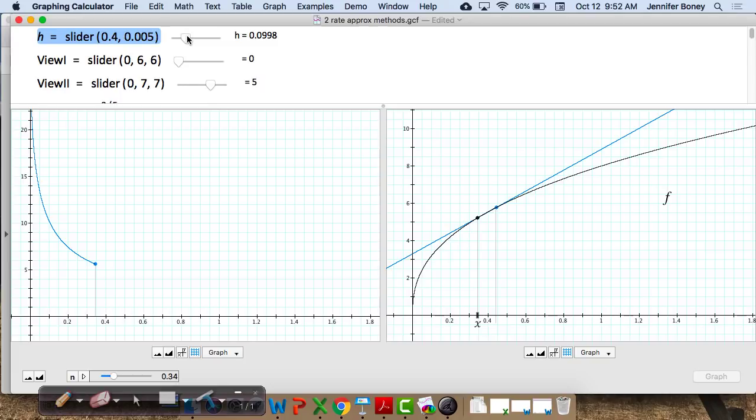If I'm trying to make something more precise, a better approximation, I can make h smaller and smaller and smaller until I can hardly see the difference between those 2 points. Now, if you're doing this on a physical graph, it's a little hard for you to compute anything if the points are that close together. But if you notice, when h is very small, on the right, the line hardly seems to be moving.